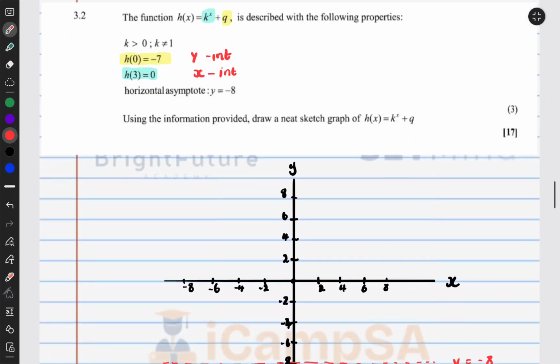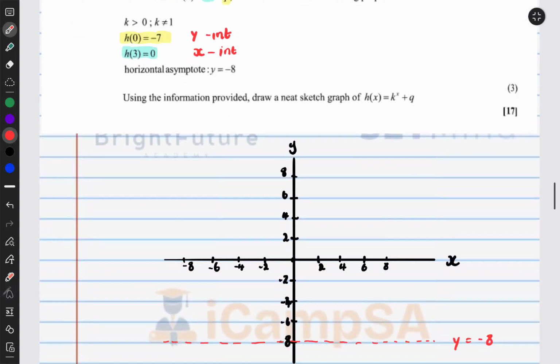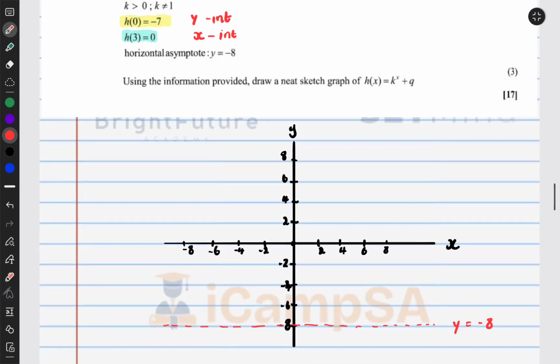And then what's next? We have 2 points. We can just go ahead and sketch those. Where x is equal to 0, we have -7. That will be our y-intercept, and then the x-intercept is where x is 3. So we can see that this is going to be an increasing function.